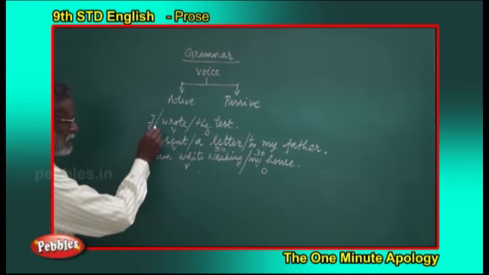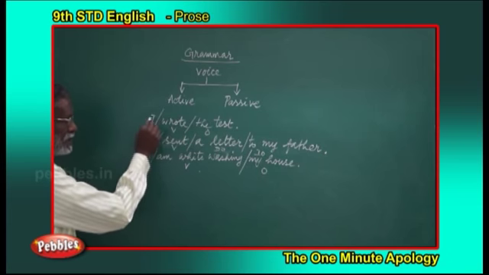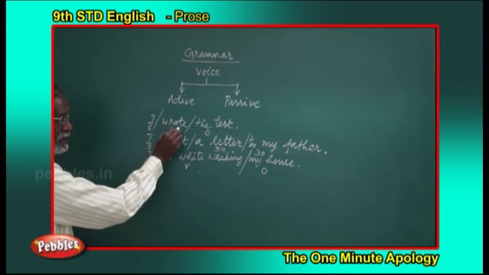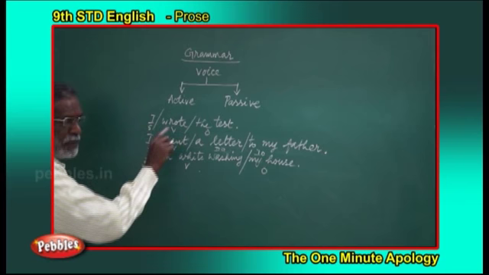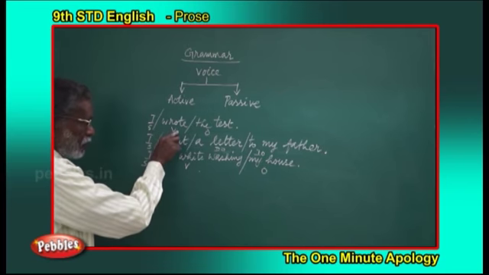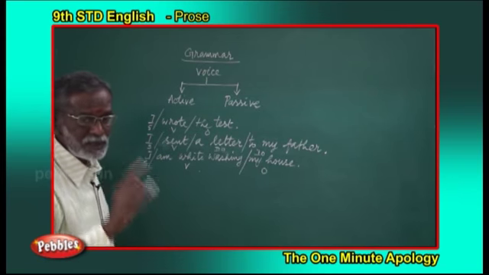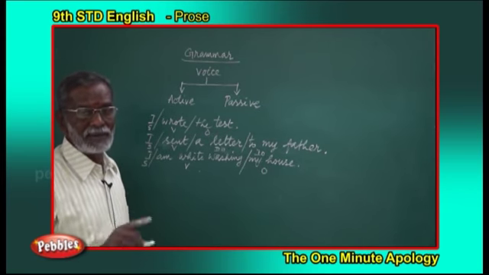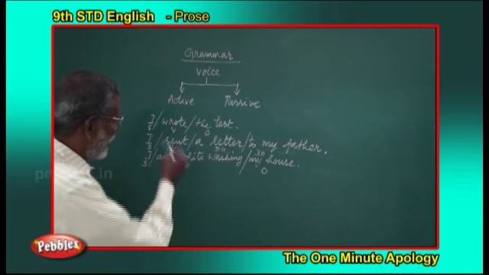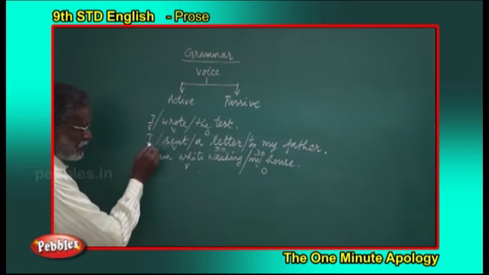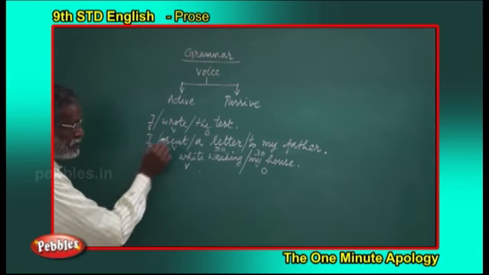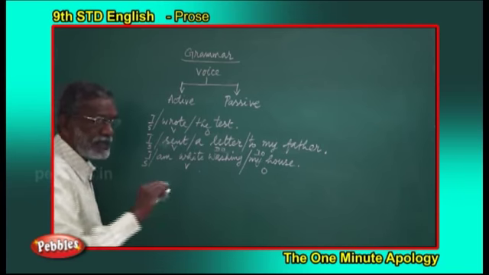Here the subject is doing something. The subject I is writing or wrote. It is in the past tense. So I wrote the test. The subject is doing something. That means the subject is active. Doing means active. So I sent, here also the subject I is doing something, writing a letter or sending a letter.